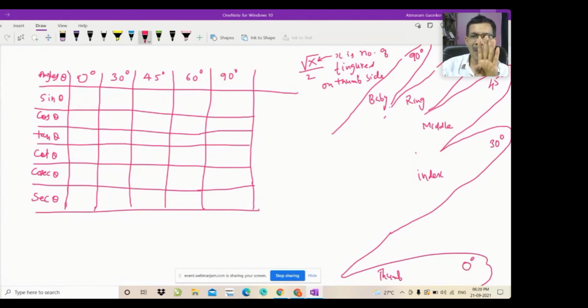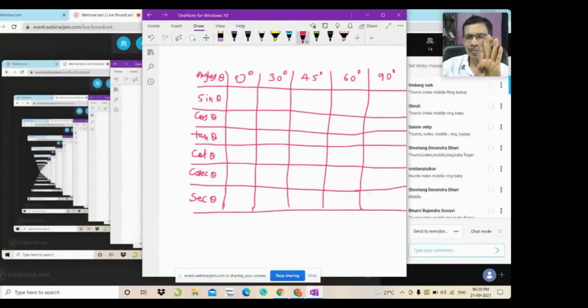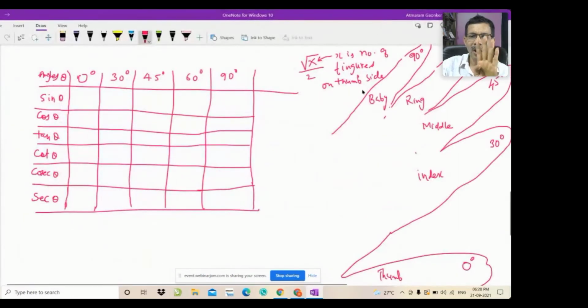You see how I have bent? Can you see my hand with fingers bent? If you can see it, please type yes in the comment box. Okay, you can see it.